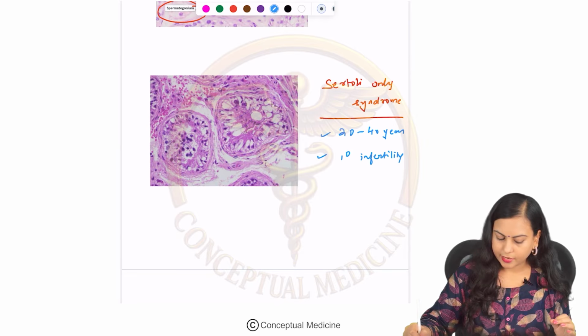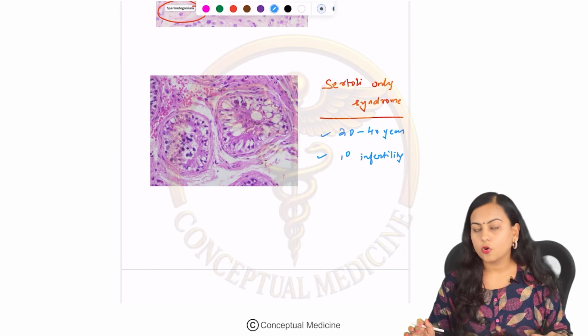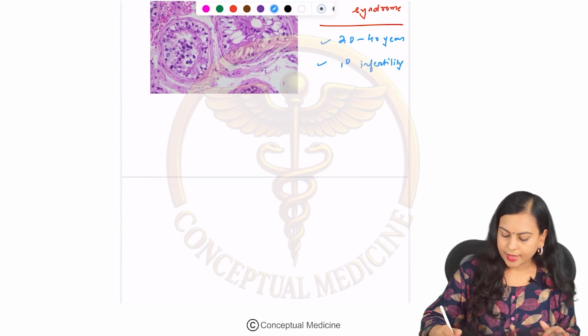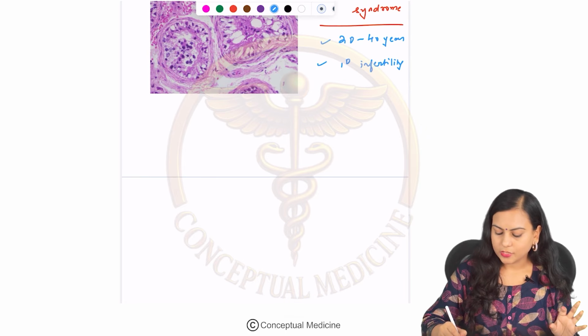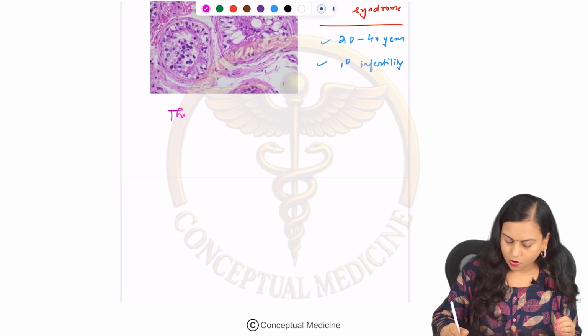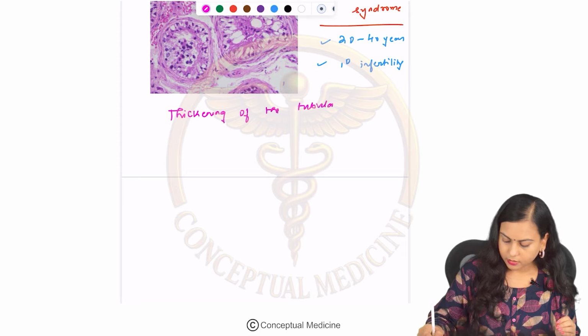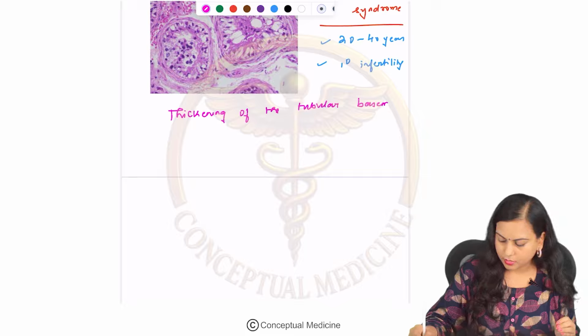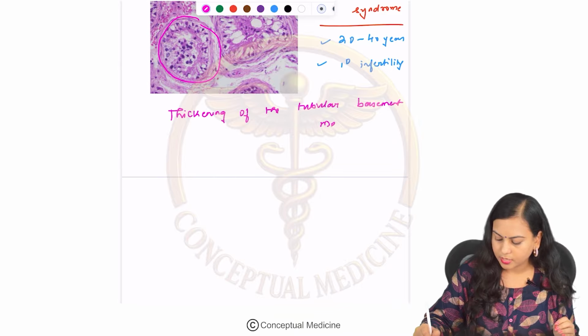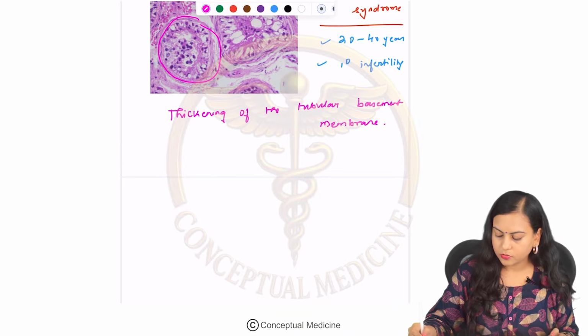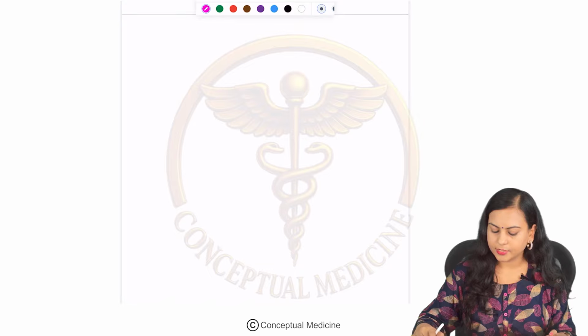So this diagnosis can be made on testicular biopsy, where you will be able to see only Sertoli cells, and there will also be thickening of the tubular basement membrane. Okay, so this is Sertoli cell-only syndrome.